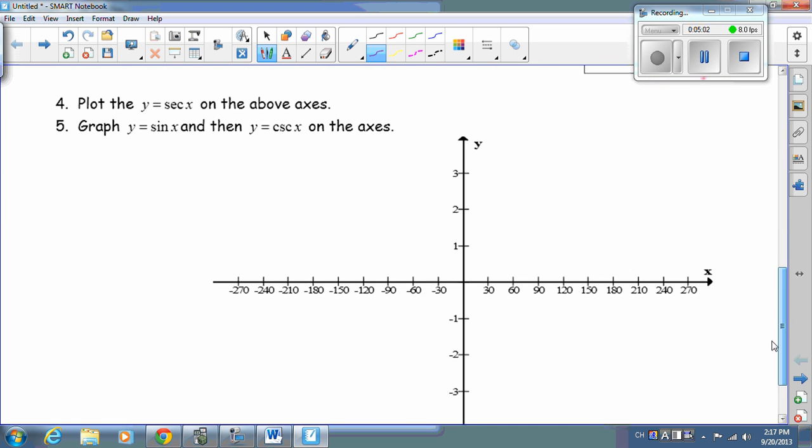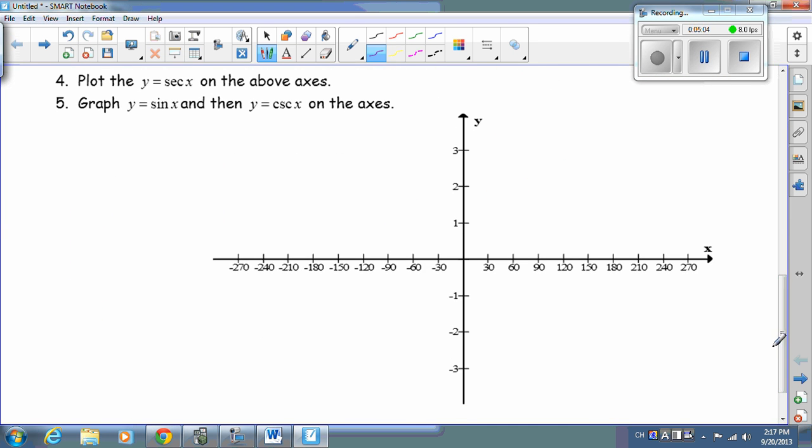Let's do the same thing now for our cosecant graph. Remember, cosecant is 1 over sine of x. So we will start by graphing the sine of x, put the asymptote wherever the sine is equal to 0, and graph our U's. Sine goes through the 0, 0 for sure.